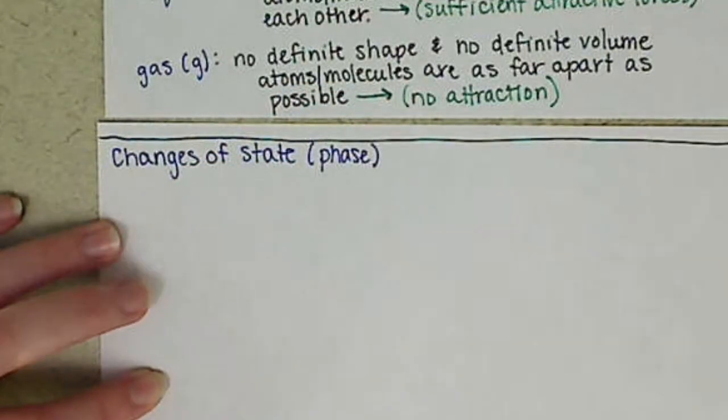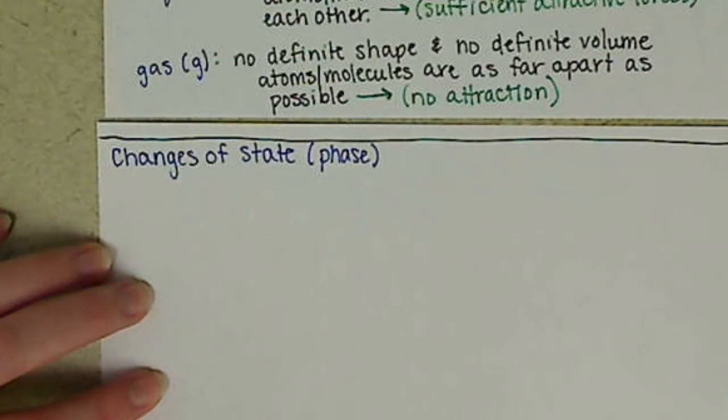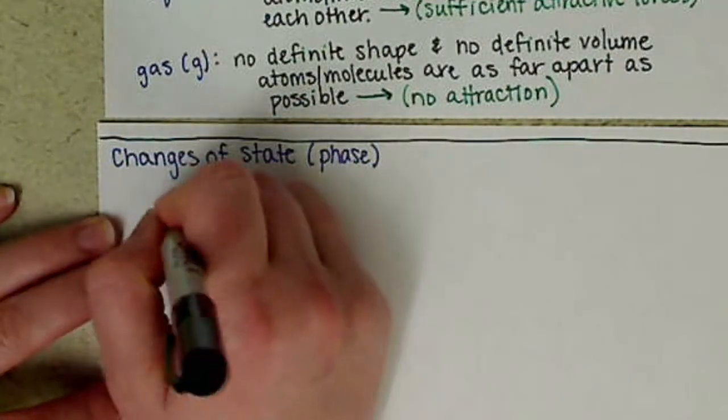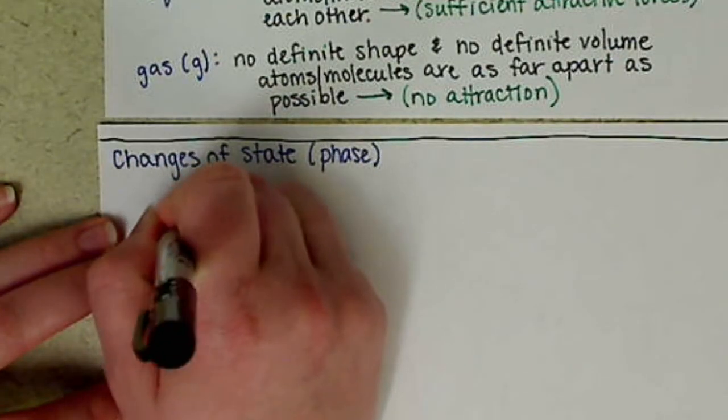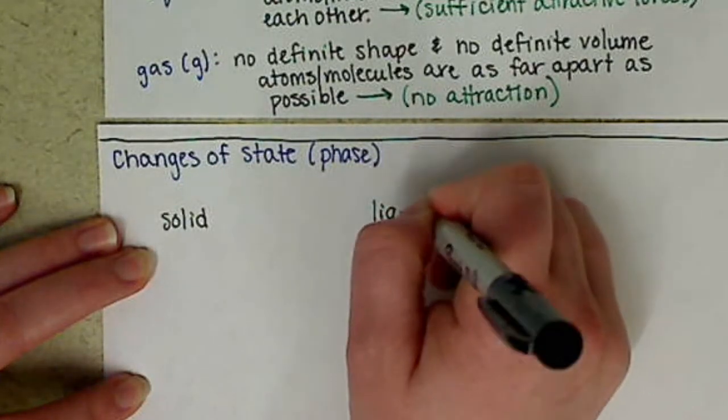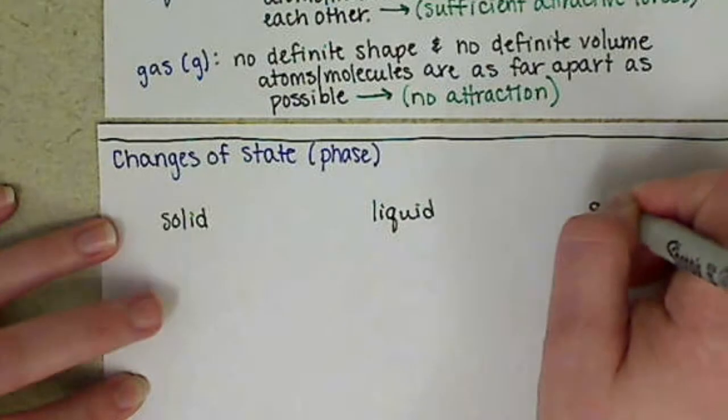Again, we use the word state or phase interchangeably. So we can look at the changes that occur between a solid, a liquid, and a gas.